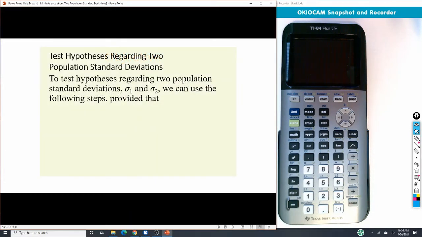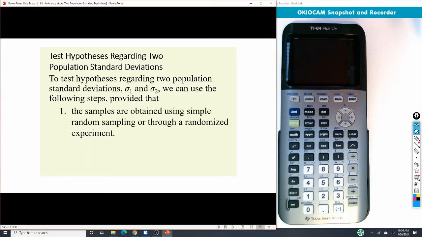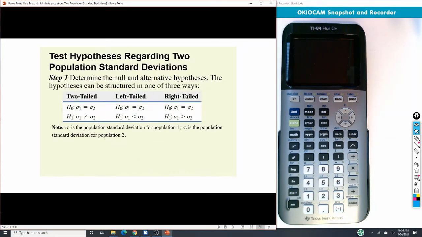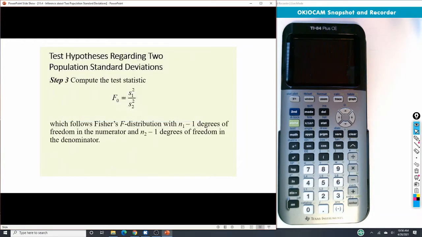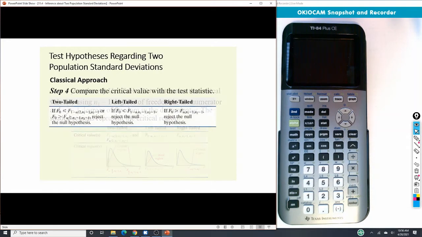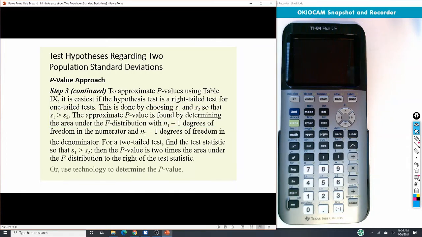All right, so let's look at our hypothesis testing so that we can find these for a situation. Again, a lot of these things are still the same as what we looked at earlier. We still have our two-tailed and left-tailed. Now, we are comparing one standard deviation to another. We still have our test statistic, F. Then looking at our graphs, paying attention to left-tailed and right-tailed.